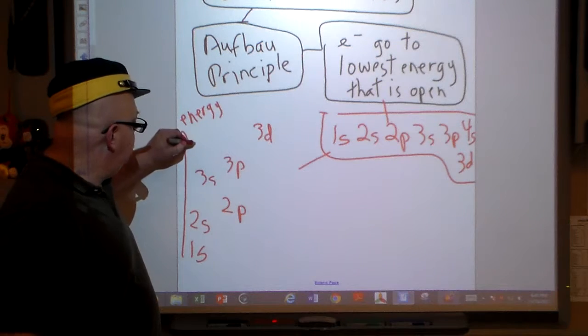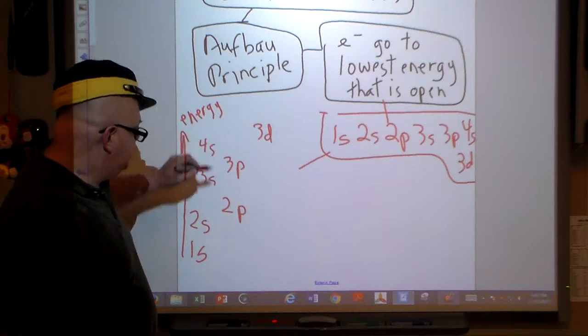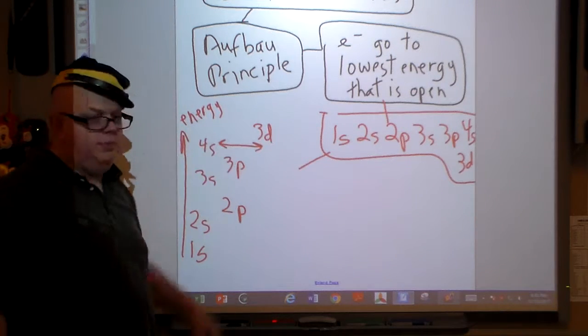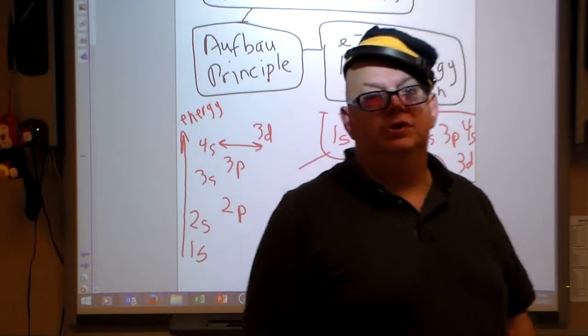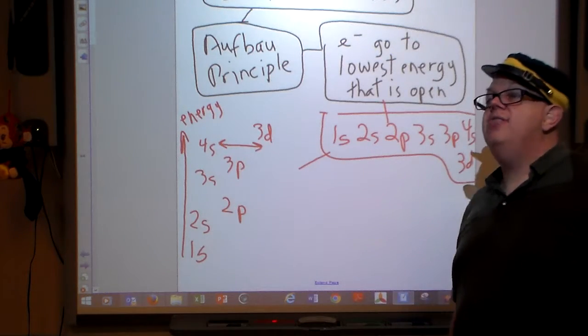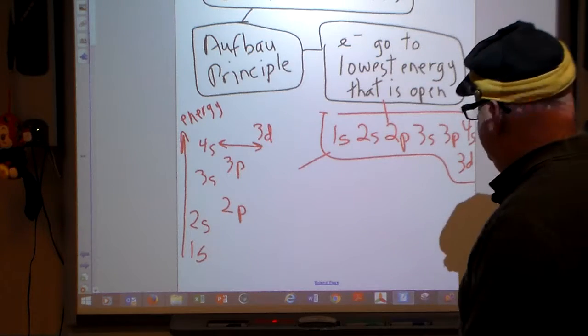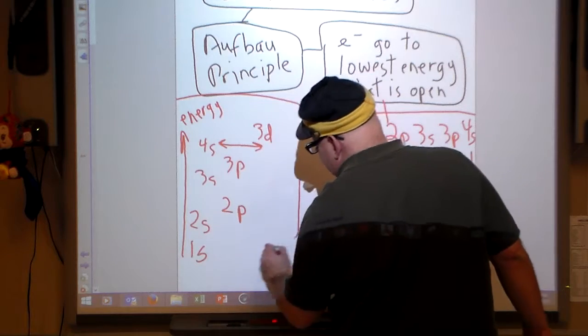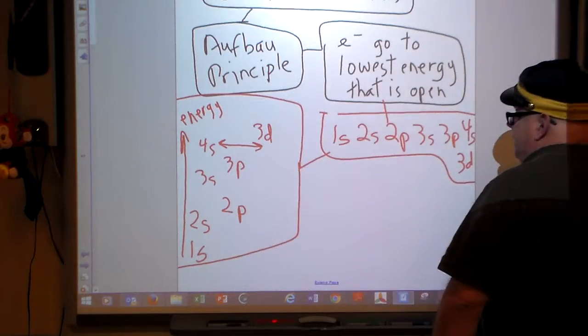But right in there you got 4s. Notice how 4s is in between 3d and 3p. That fills up first. Okay? Think about the sunny room and the pink room. Think about it that way. Okay? So that's a pretty easy thing.